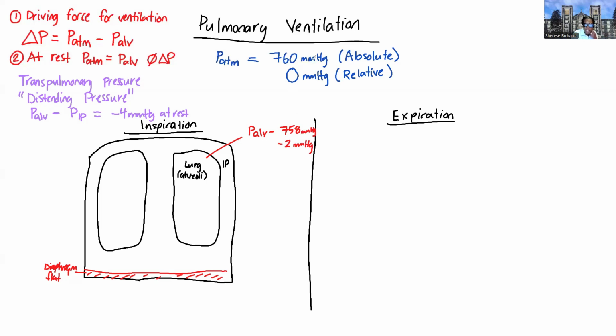So with this gradient, 760 in the atmosphere, 758 in the alveolus, now we have a driving force that moves air in this direction. So airflow goes down to the alveolus.